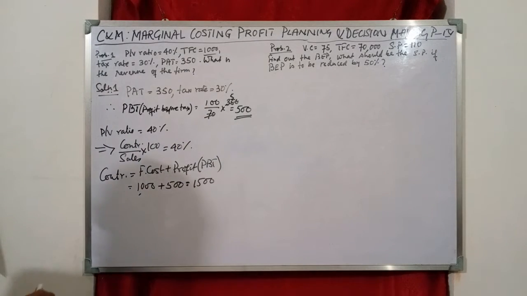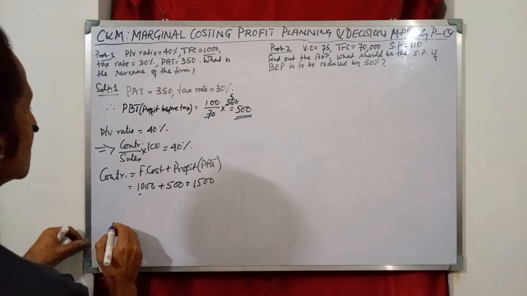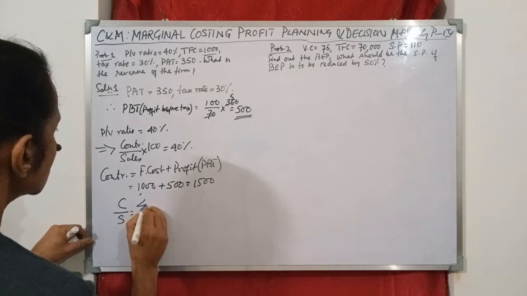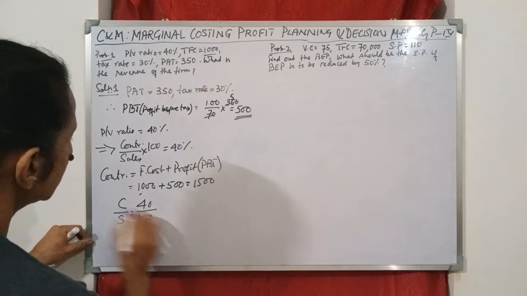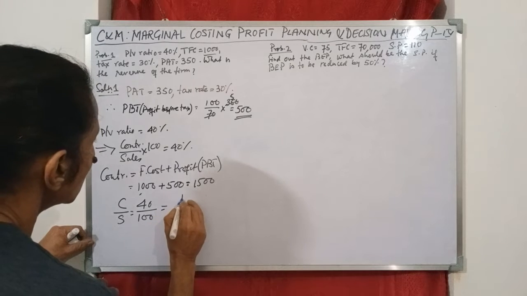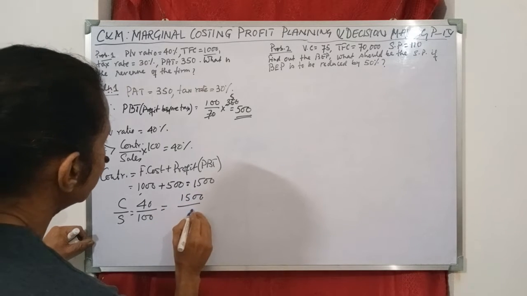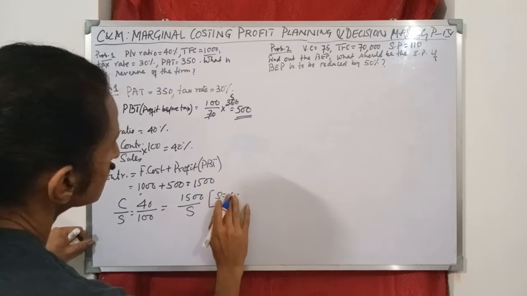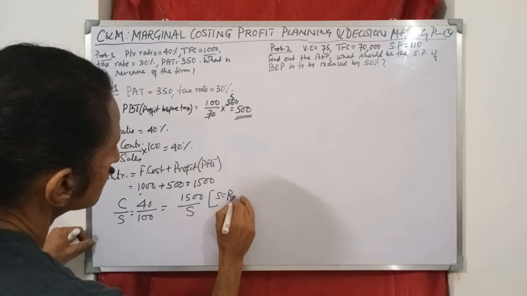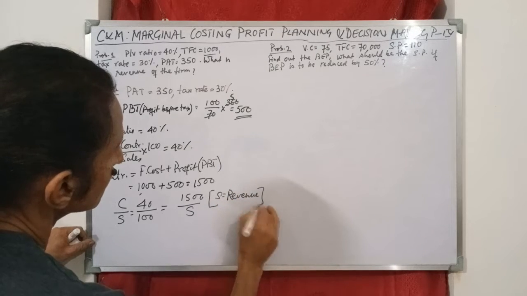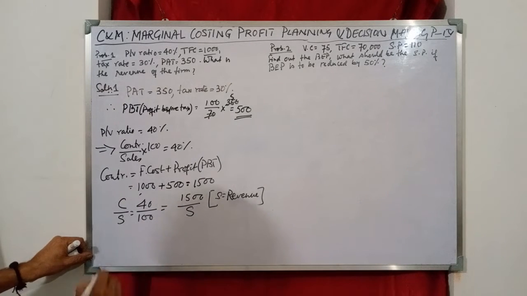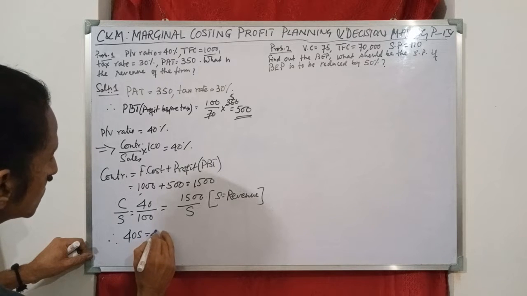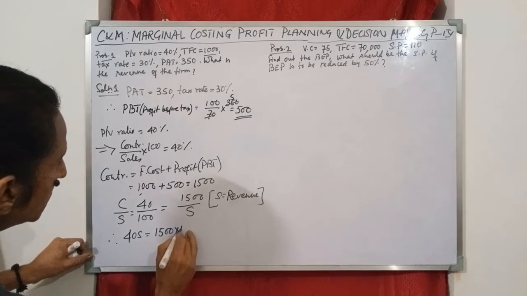Now contribution by sales equals to 40 divided by 100 equals to 1500 divided by S, when S is revenue or sales. Therefore 40S equals to 1500 into 100.